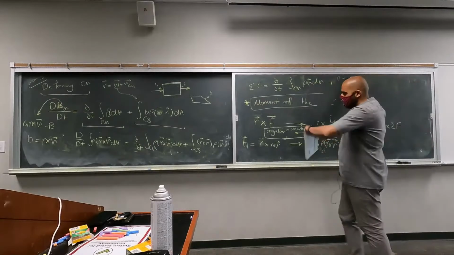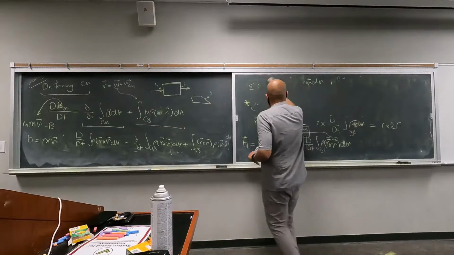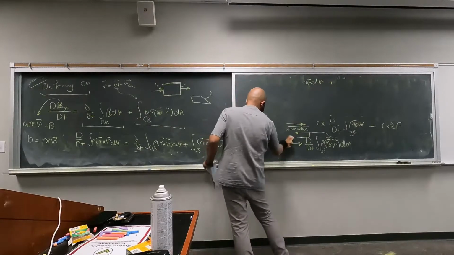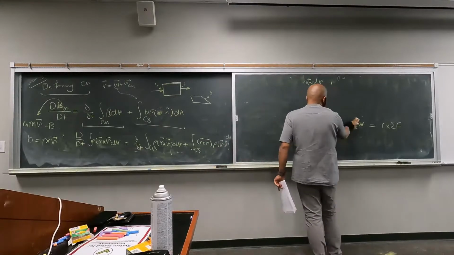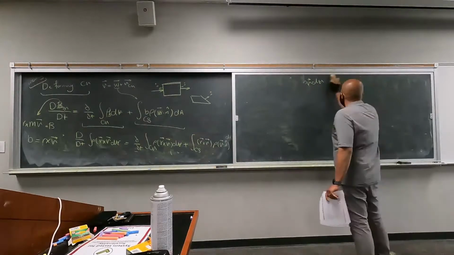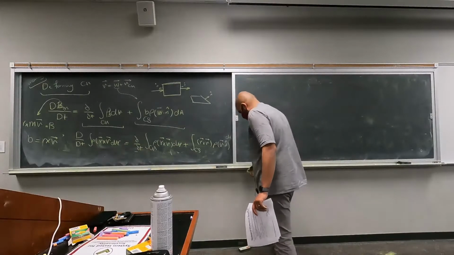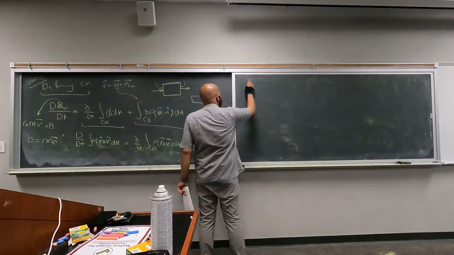Okay, let's talk about the last equation we want to see, and then we'll solve some examples. And that will be it for this chapter, hopefully. The last equation we want to deal with is the energy equation.